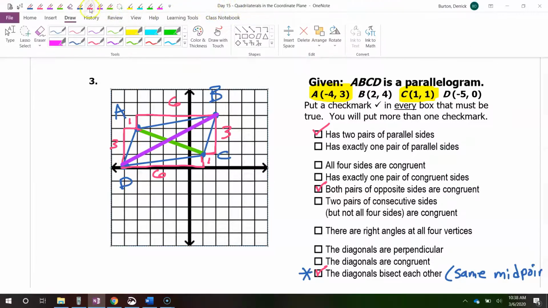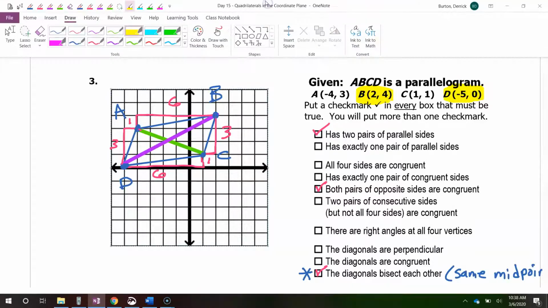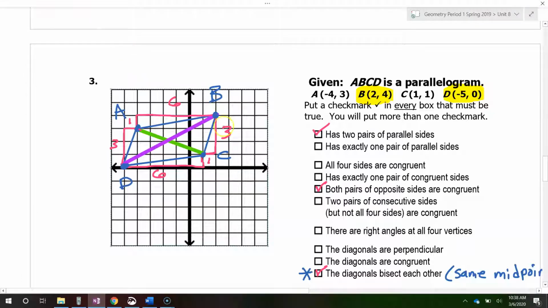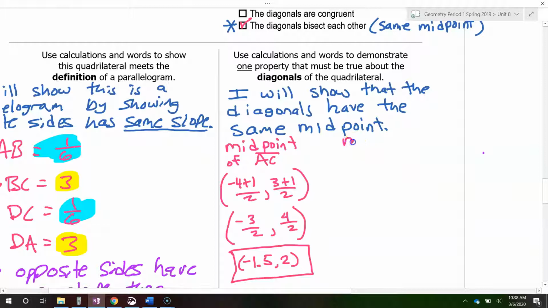That means I should be focusing on the endpoints DB when I do the midpoint. So here is B and here is D. Focus on those for the rest of the problem. Okay, so the midpoint of segment DB.